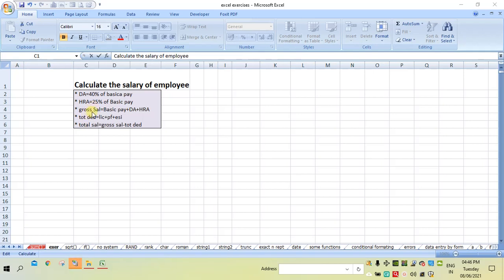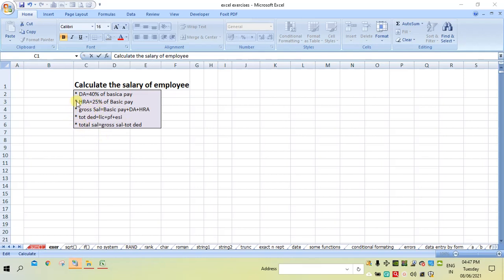The gross salary is calculated as basic pay plus DA plus HRA, and deductions are LIC, Provident Fund and ESI. The total salary is the gross salary minus the total deduction. So this is the question given to you.